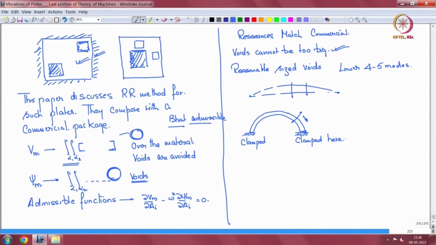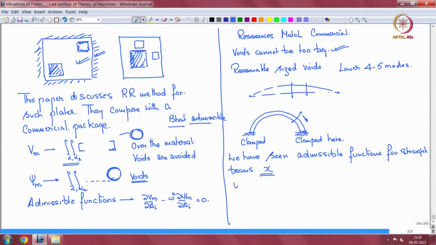Okay, so we have seen admissible functions for straight beams. For straight beams we have seen right in the beginning of Rayleigh Ritz, in the x coordinate. Now we have the coordinate in the theta direction, it is curved.